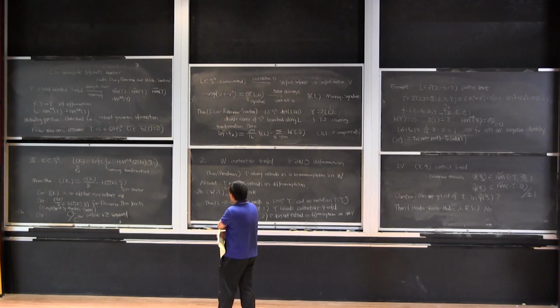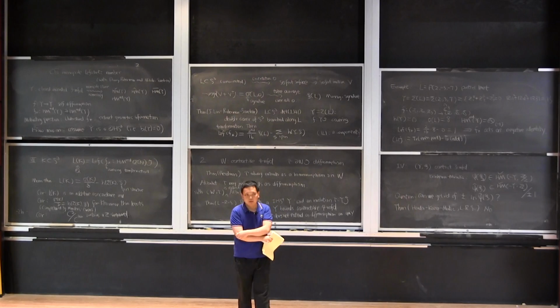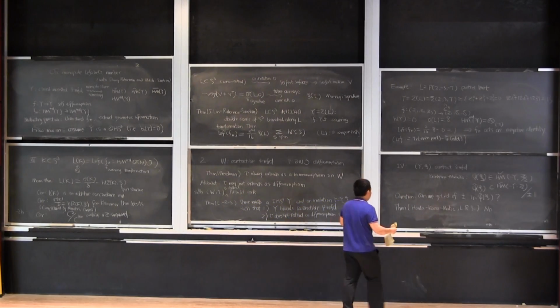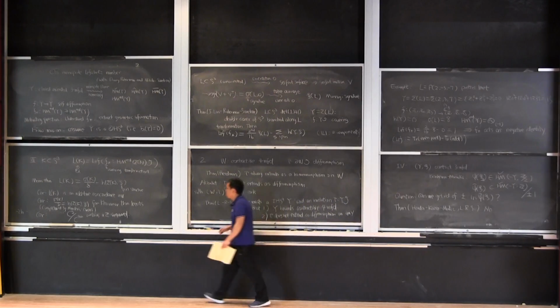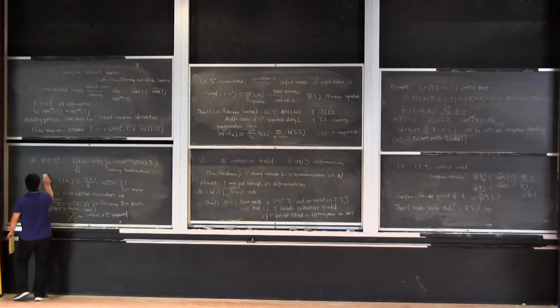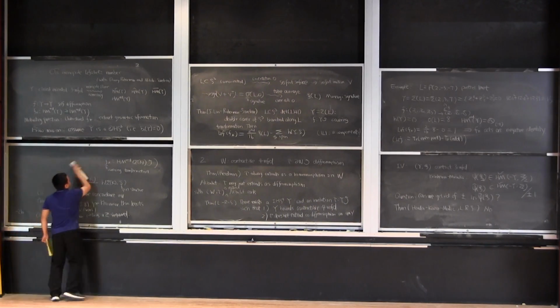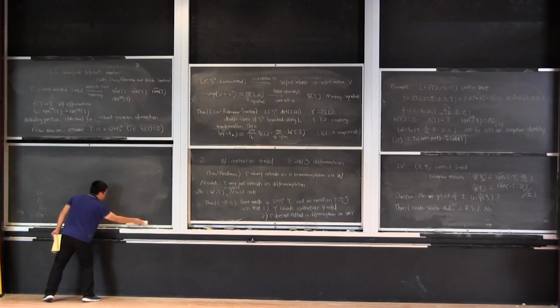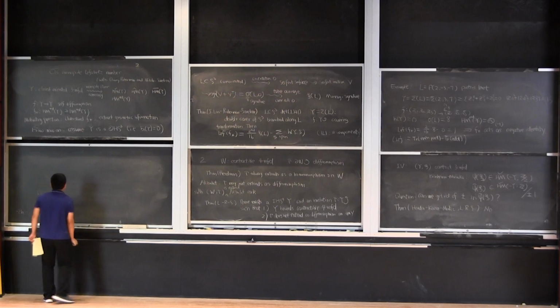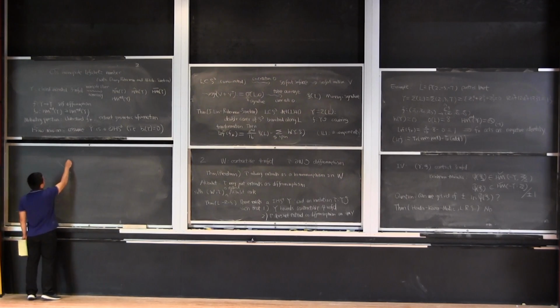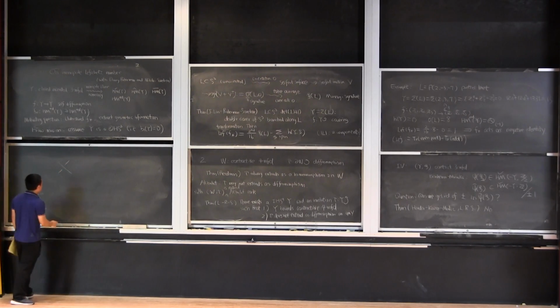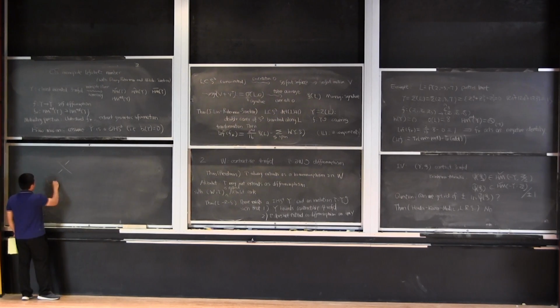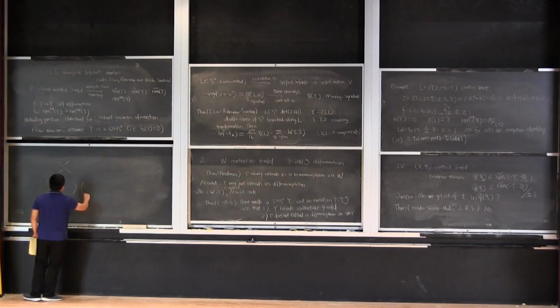Well, the original version, the version I wrote down here, the proof used the skein triangle. If we have a knot, or a link with a certain crossing, we can resolve it in 2 ways.